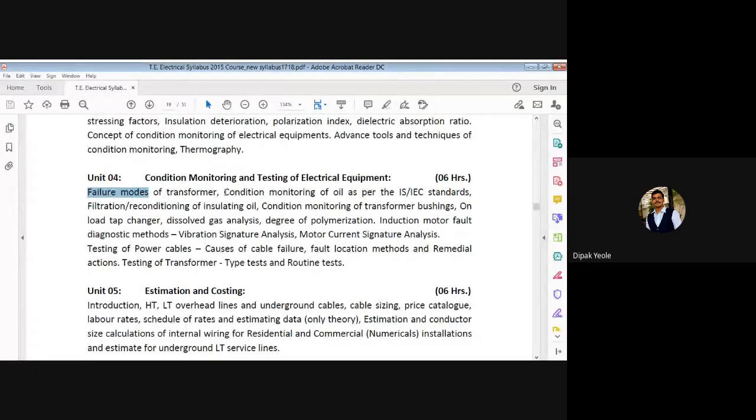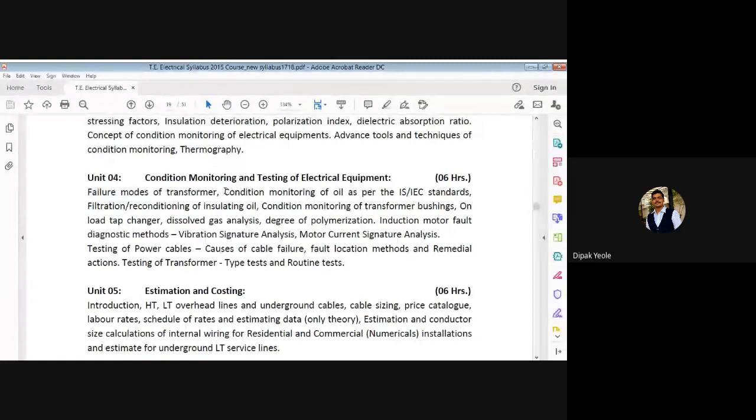The main reason for failure is insulation failure. If one asks you what the important failure mode of the transformer is, it is that because of insulation failure, the transformer will fail.